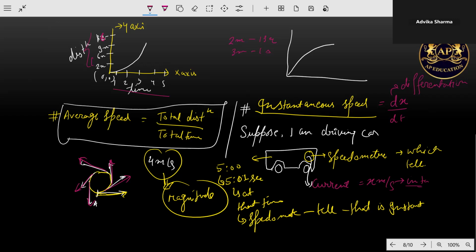The magnitude of velocity is constant, but velocity is changed because at every point the direction is changed. I think it is clear. Yes. Good.